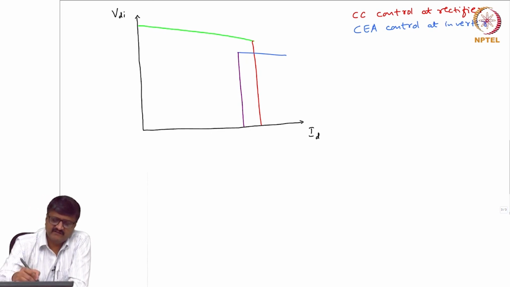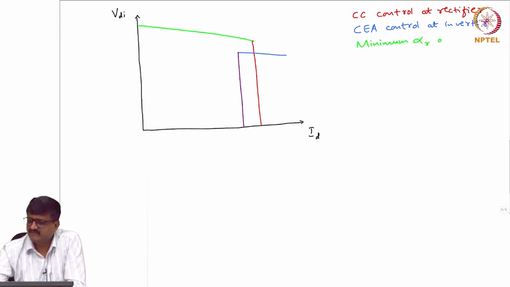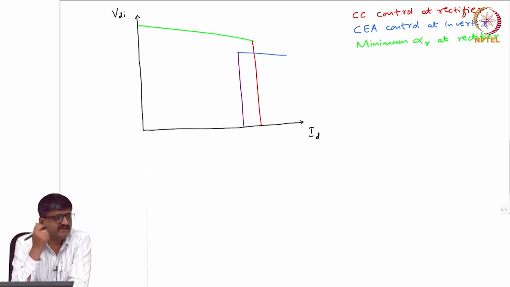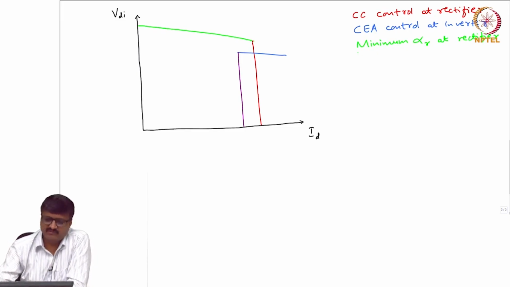Then the green one is actually minimum alpha R, obviously at the rectifier, because alpha R means alpha, the subscript R stands for rectifier. Now there is one more, purple. So this one is actually CC control at the inverter.